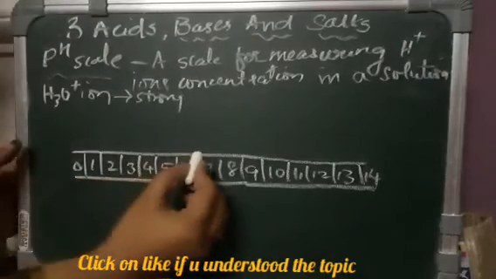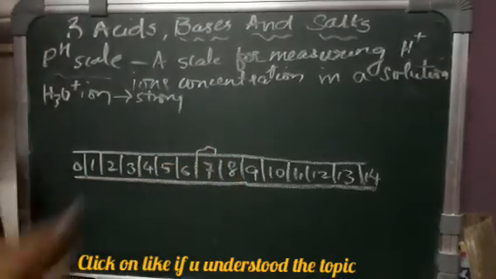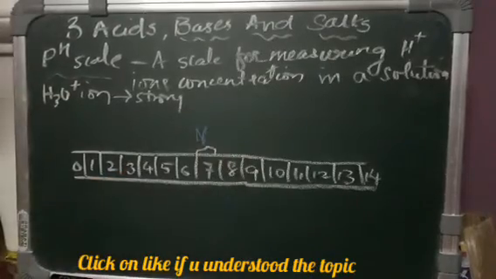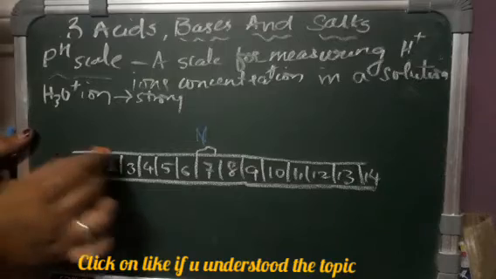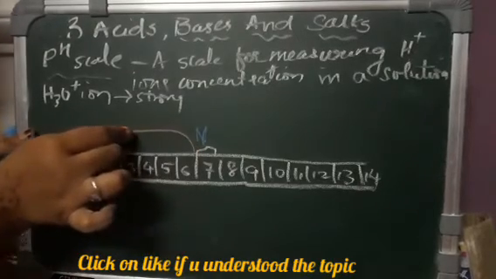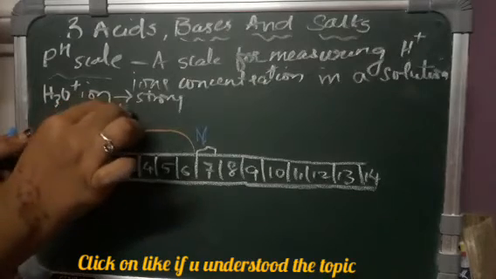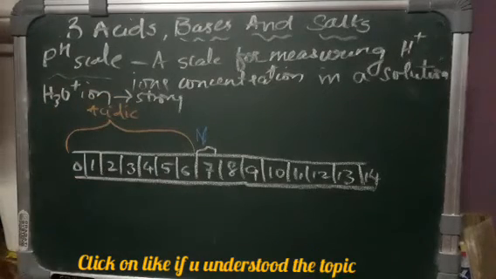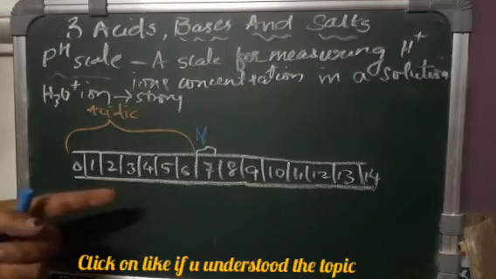Similarly, what I said, 7 means it is neutral, isn't it? Below 7, or less than 7, all are acidic. But here also we can say, if they are 0, 1, 2, 3, then they are strong.